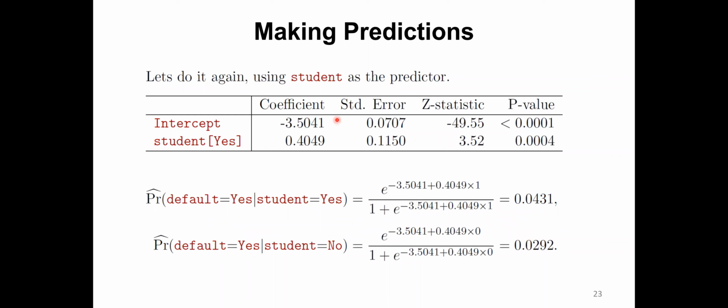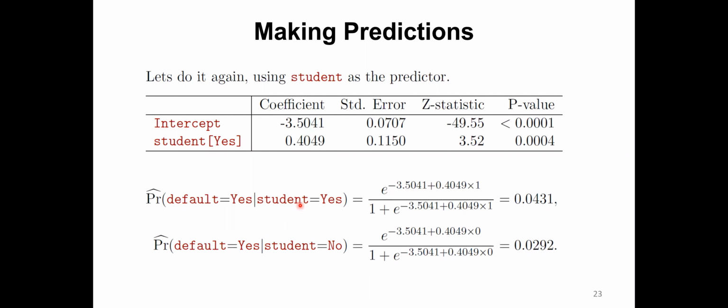Let's do this again using student as a predictor. If we have data on whether the credit card holder is a student or not, we can still fit this model. Suppose these are the parameters we got, and we can put these parameters into this equation.